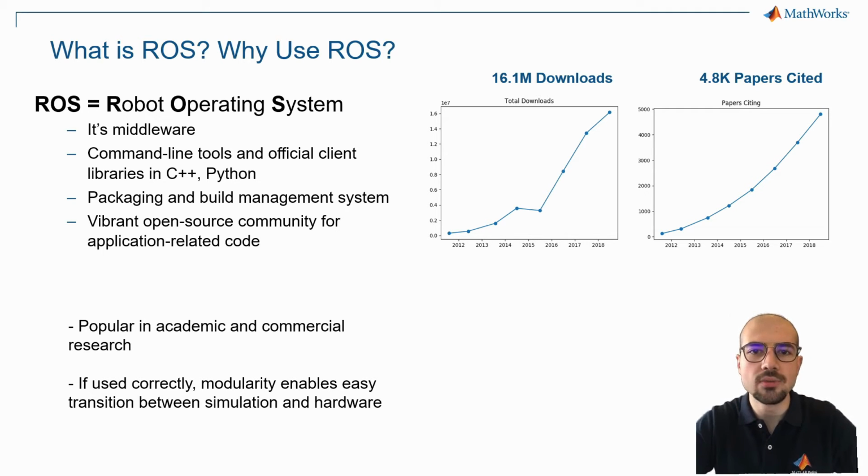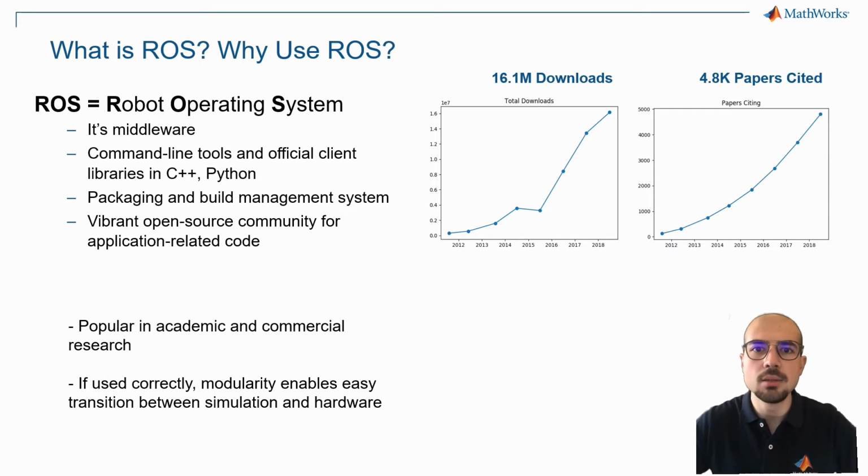Also, ROS gives the opportunity to integrate and seamlessly move from simulation to hardware. This is the capability to use the so-called model-based design. So we can use simulation in order to develop something and then deploy it on the hardware.